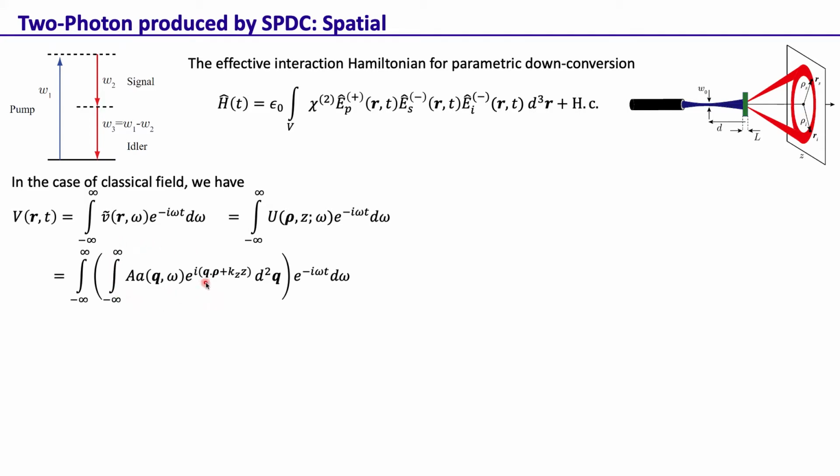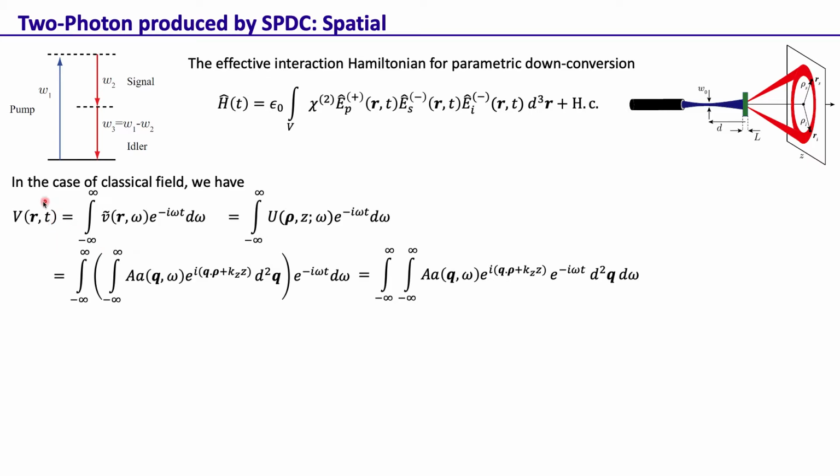So, we see that this rho is a two-dimensional vector, and then we go to this two-dimensional spatial frequency domain, and we can write this u(rho, z) in this manner. And so, finally, this V(r,t) we can write in this manner. So, z still remains there, but we have introduced frequency space and also the two-dimensional spatial frequency space.